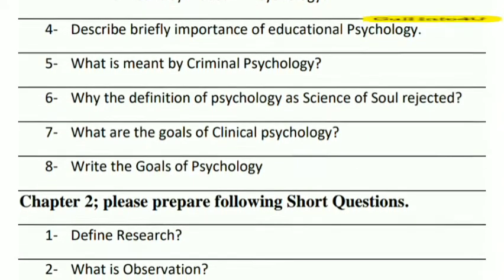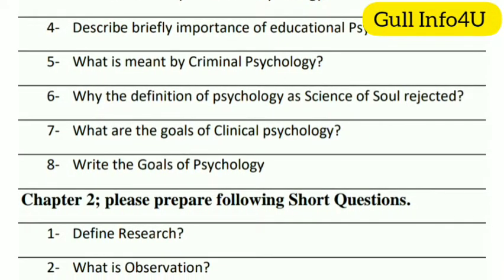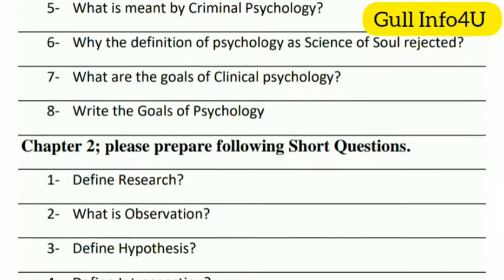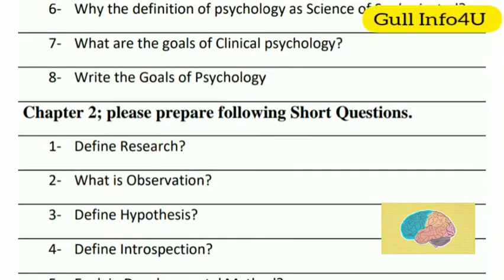Number 5, what is meant by criminal psychology? Number 6, why was the definition of psychology as the science of the soul rejected? Number 7, what are the goals of clinical psychology? And number 8, write the goals of psychology. You have to prepare 8, and from these you will have to answer 4.